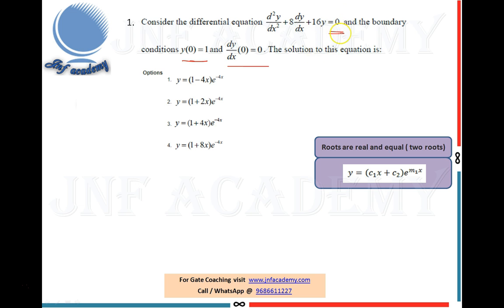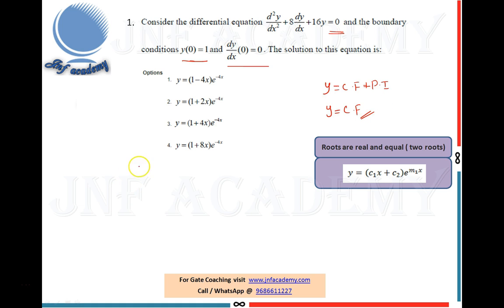The general solution of a second order ordinary differential equation is y equal to complementary function plus particular integral. Here the given equation is homogeneous, so the solution y equal to CF only. So you have to find CF only.